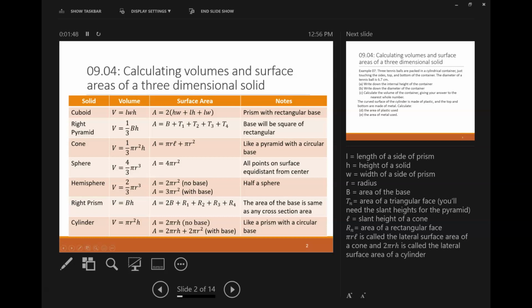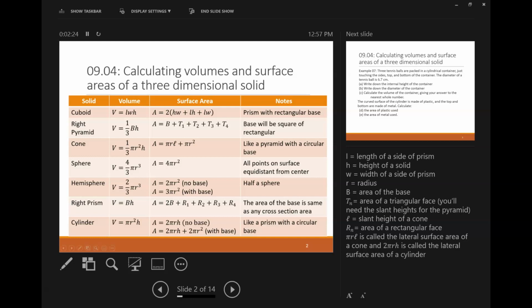What do you think these capital T1, T2, T3, T4 are? Area of the triangular faces of your pyramid. In the case of a square pyramid, you have 4 triangular faces, and they're all the same, right? Everybody's okay with that? So in most cases, all those triangles are going to be the same size, and it's not so bad. But they need not be, although I think in this class I would be surprised if you did not have a regular figure as the base of your pyramid.